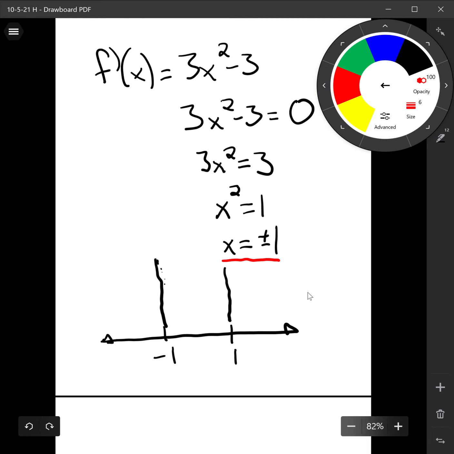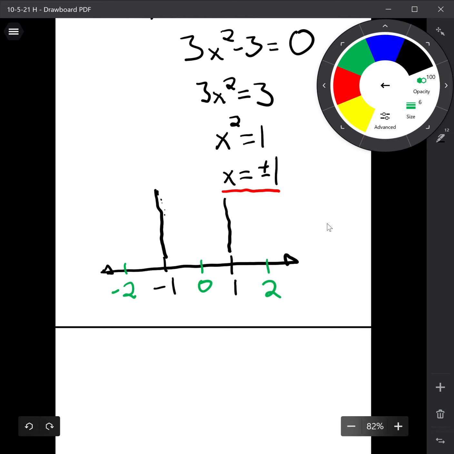And then I take test points for each little section. So over here, I'm going to take a random point from anywhere in here. I'm going to pick -2 because it's a nice number. Now I take a point from anywhere in here, literally could be anything. I'm going to take 0 because it's a nice point. And then take a point anywhere from over here, and I'm going to pick 2.